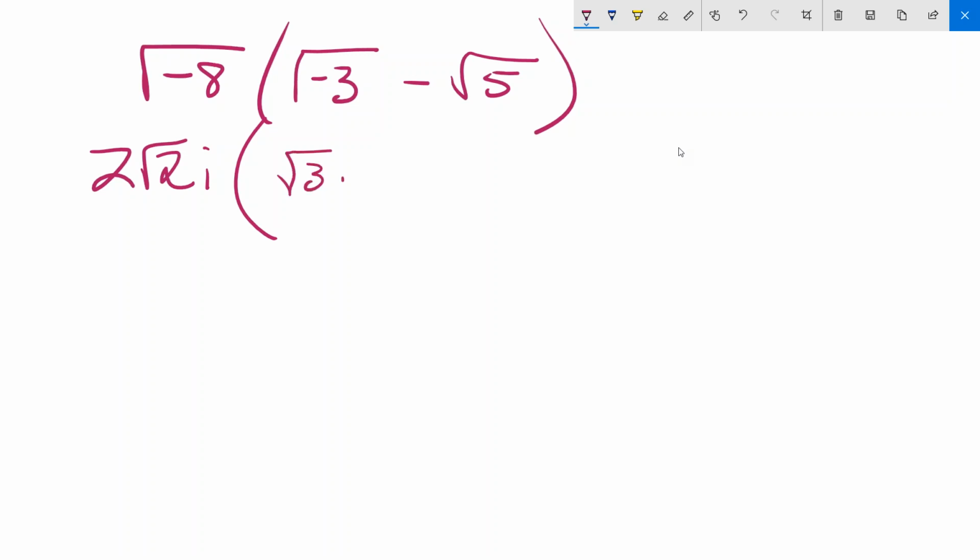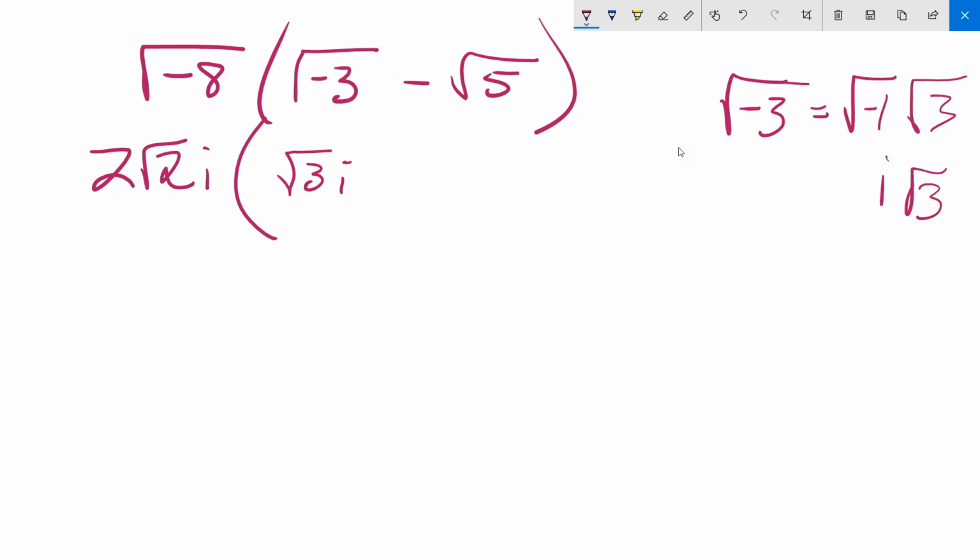In other words, here's what we're doing. Whenever we have a number like that, we'll always take the I out first. Taking the I out, what's left? The root 3. So now we have I root 3 minus root 5. And now we can distribute it.